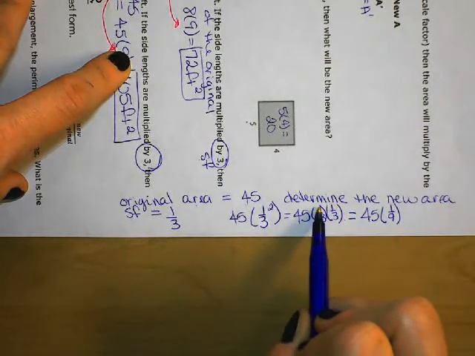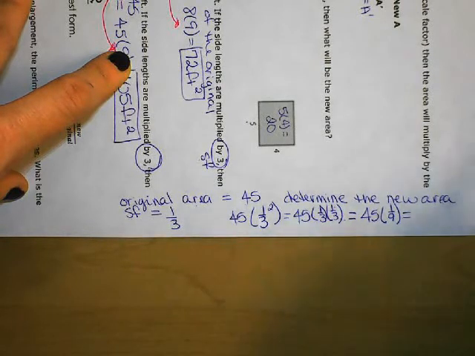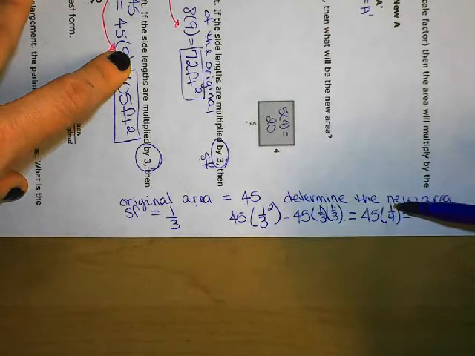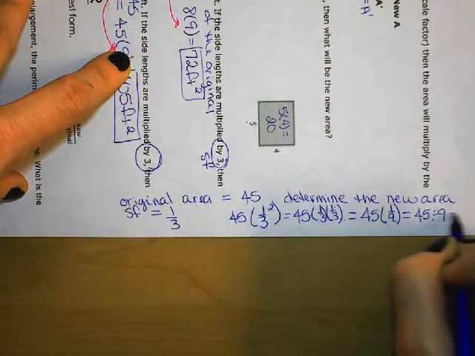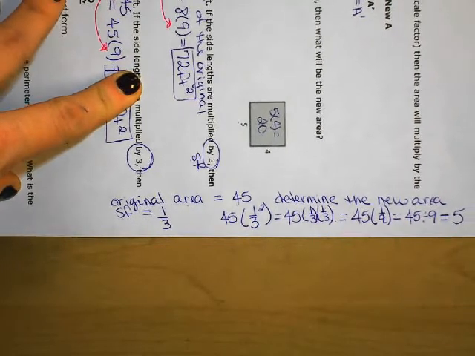Because remember, you multiply across, 1 times 1 and 3 times 3. I know that I could do 45 over 1, or since it's multiplying by 1/9, I can do 45 divided by 9. So 45 divided by 9 is going to give me a new area of 5.